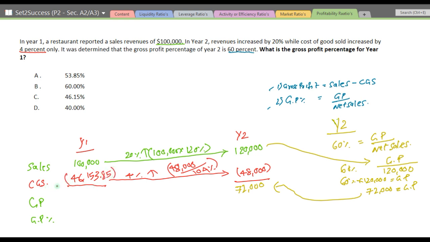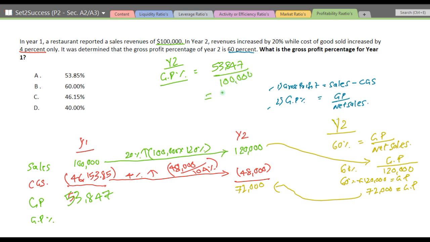Now if the CGS is 46,153.85, the GP will be 53,847 for year 1. And if the GP is 53,847, the GP percentage will be GP 53,847 by 100,000.